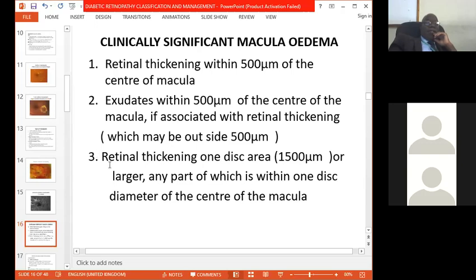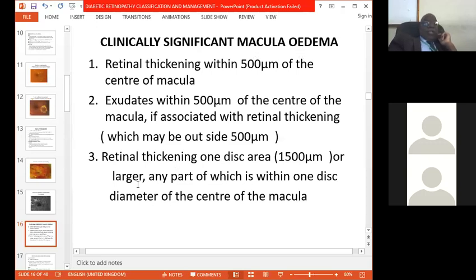And retinal thickening of one disc diameter, which is 1,500 micrometers, or larger, any part of which is within one disc diameter of the center of the macula. That's what constitutes clinically significant macular edema.